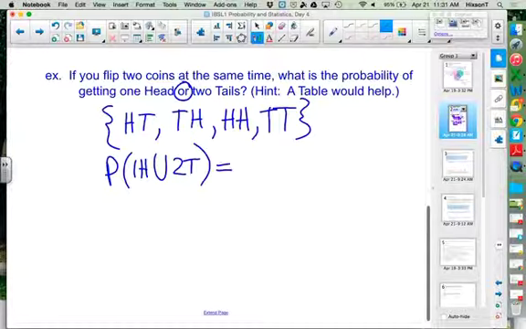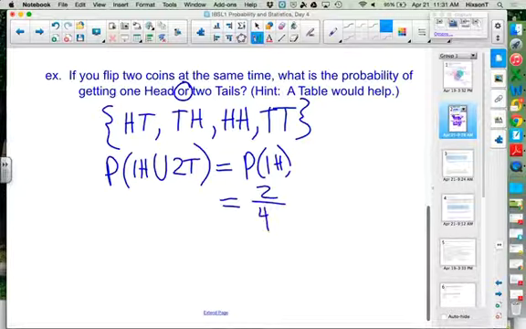What's the probability of getting 1 head? 2 out of the 4 options have 1 head in them.